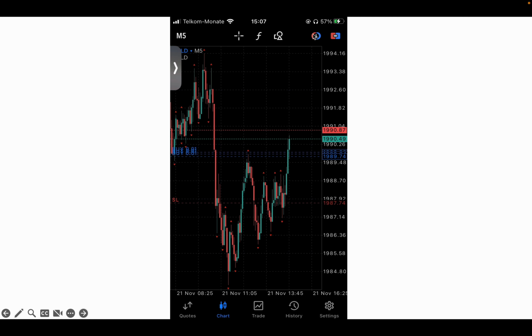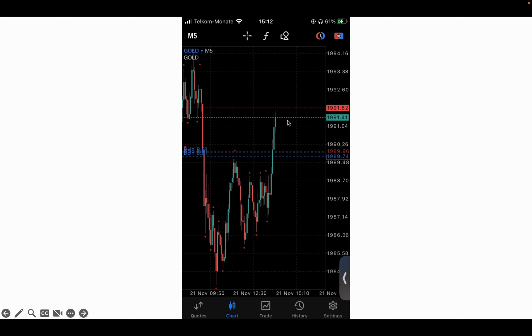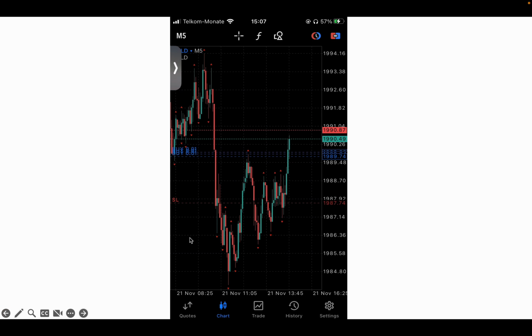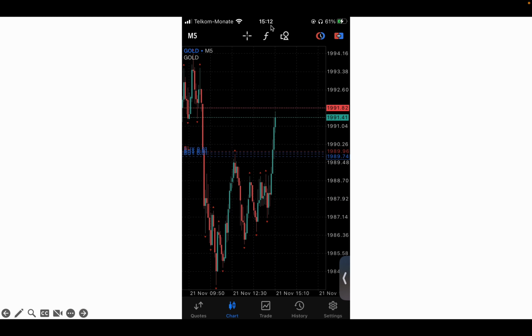So as you can see, the price started to move in my direction, and what happened is that it moved up again. So the stop loss that was once over here, I moved it up there, and you can see that was about 5 minutes later, as I took this photo 5 minutes later.